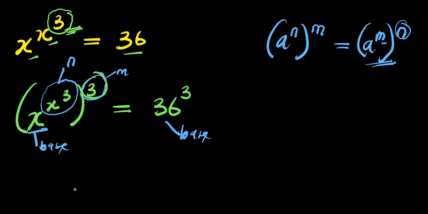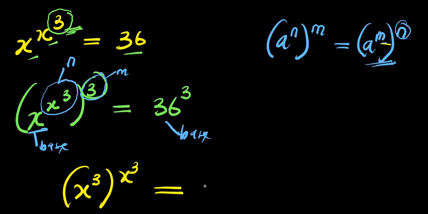So we have our base, that is x to the power of, here is m, so our m here is 3. And this is raised to the power of, we have our n, which is this x to the power of 3. And this equals 36 to the power of 3.